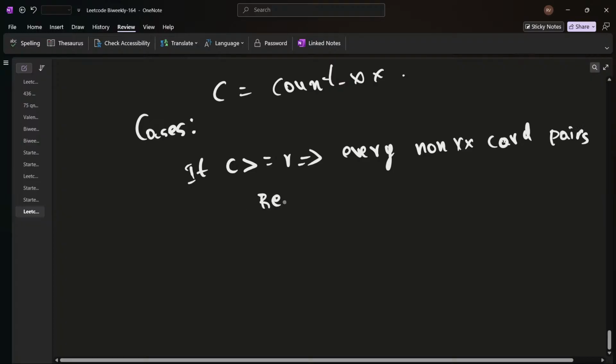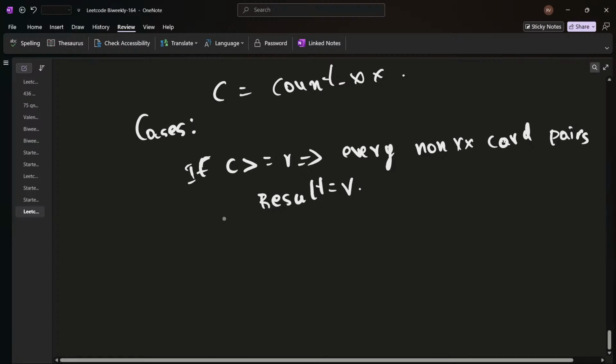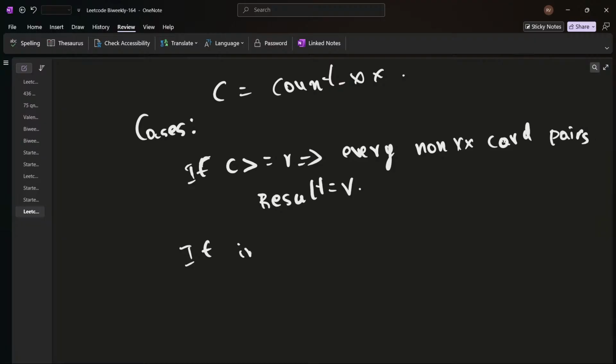Result will be R. Next, if our internal max total is equal to 0, then what will be there?